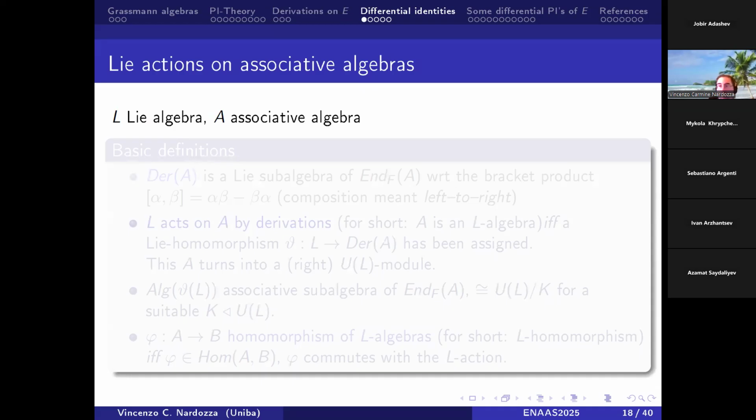What is an action by derivation on an algebra E? We recall briefly this notion. Start with a Lie algebra and an associative algebra.